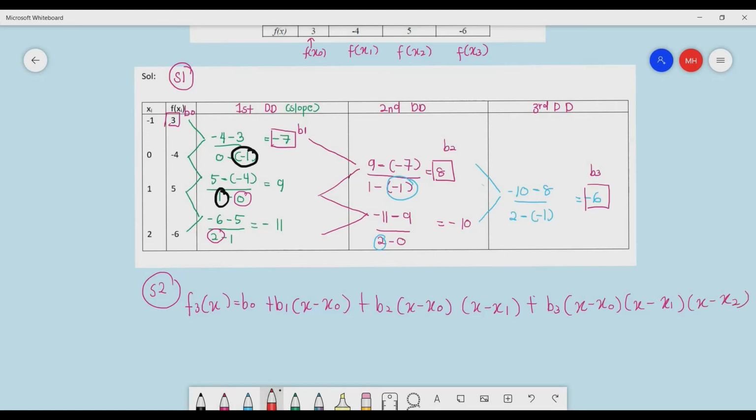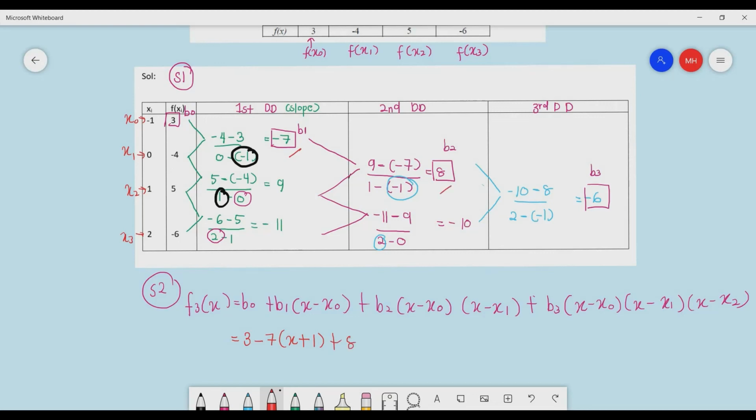So we have here x0, x1, x2, x3. So just substitute everything. You have b0 is negative 3. So b1 is this one, negative 7, multiply x minus x0, minus negative 1 will be plus 1, plus b2 which is 8.